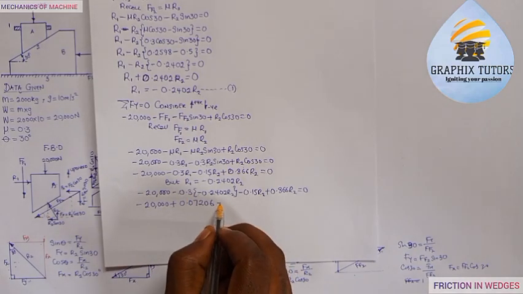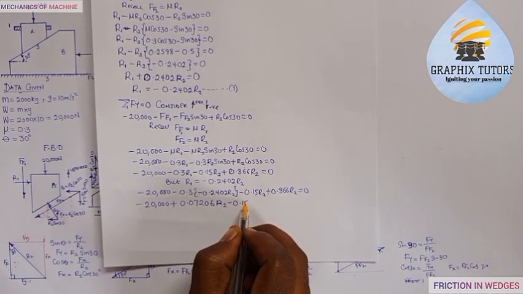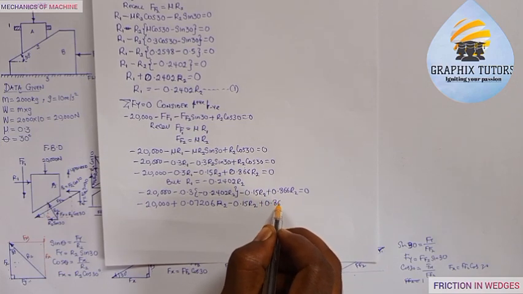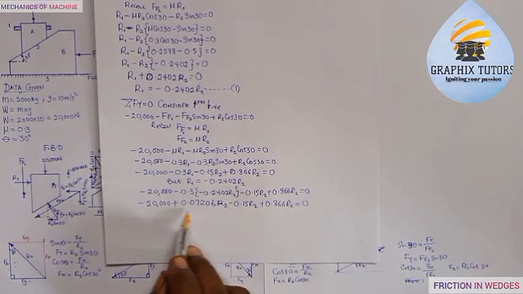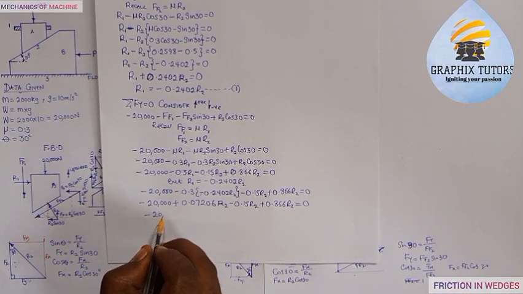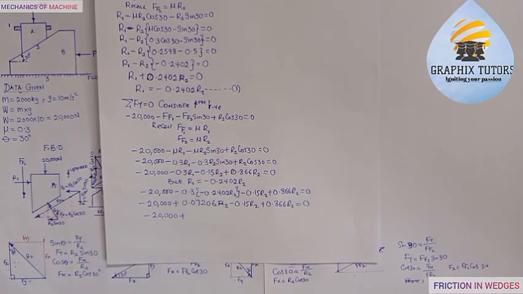So we have R2 there, still there, so minus 0.15 R2 plus 0.866 R2 equals to 0. So bring all the R2 together, we're having minus 20,000 plus, so let's add the remaining ones together.